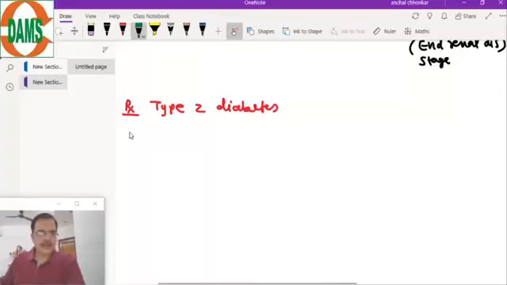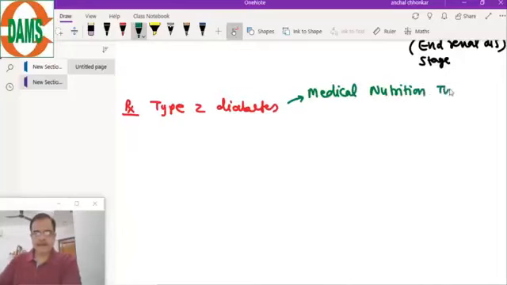So the important treatment of type 2 diabetes is, of course, the diet, that is known as medical nutrition therapy, MNT for short.